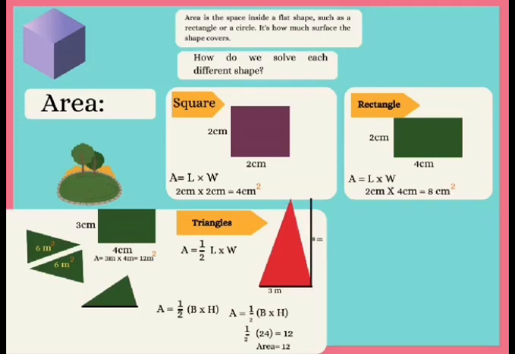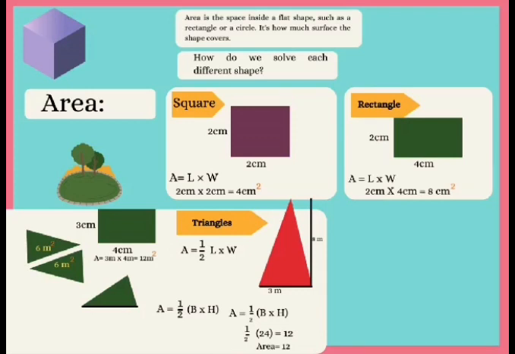Why is there a 1/2 in the formula of a triangle? If we split the rectangle, it forms two triangles, and the area is 6 meters squared each.